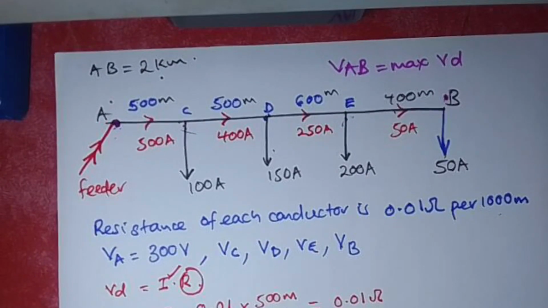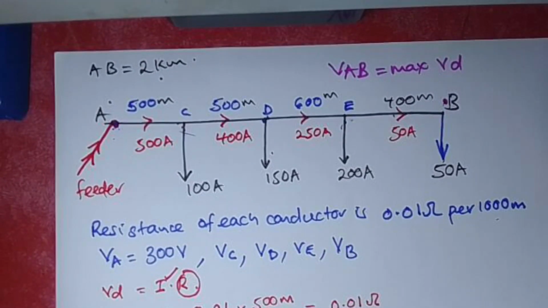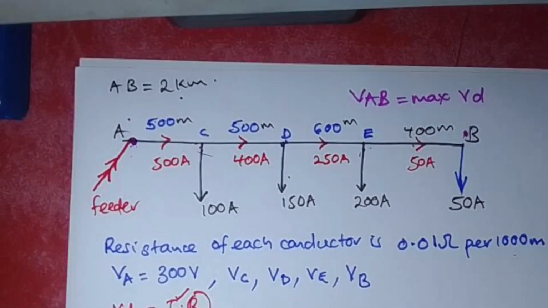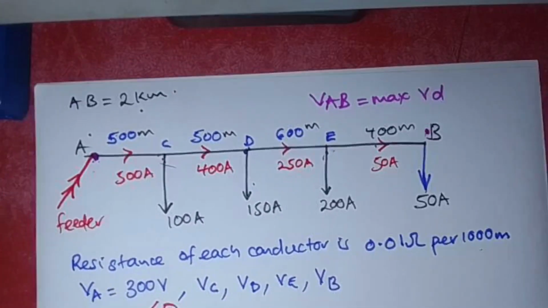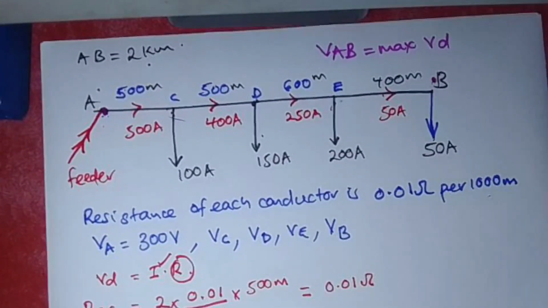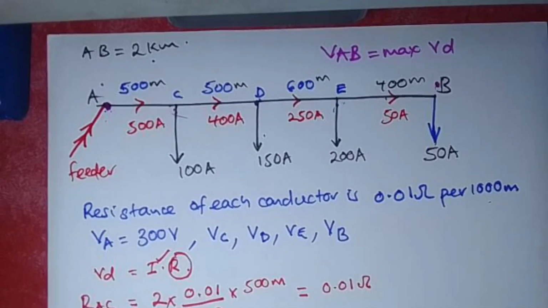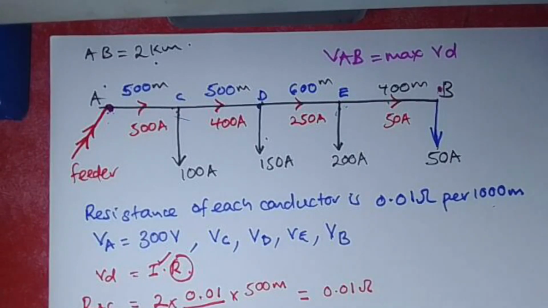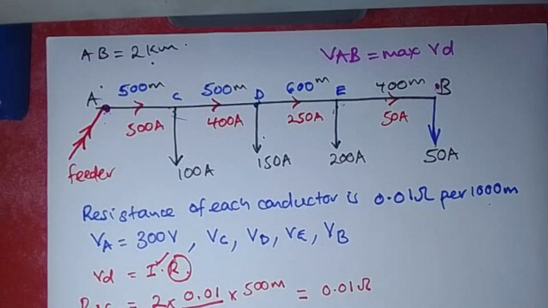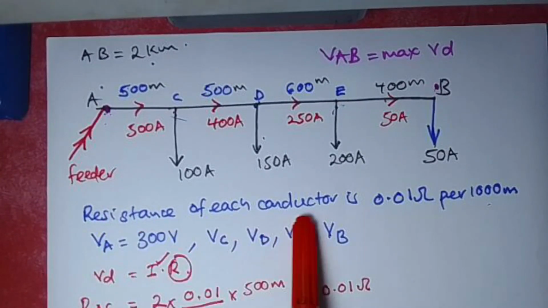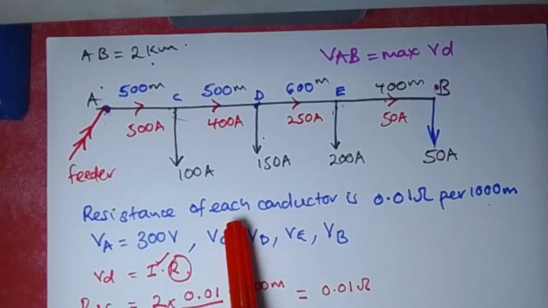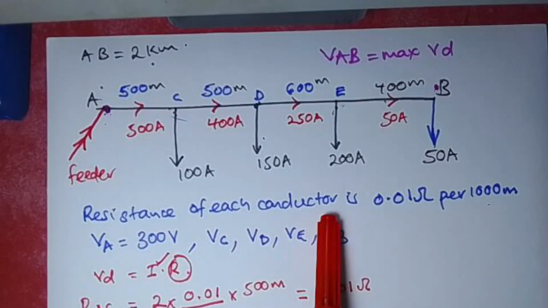So that is briefly it. Now allow me to go to what we call distributors fed from both ends. Oh, sorry. Before we go to that, I wanted to give you a few hints. In this question, they gave me the resistance of each conductor.